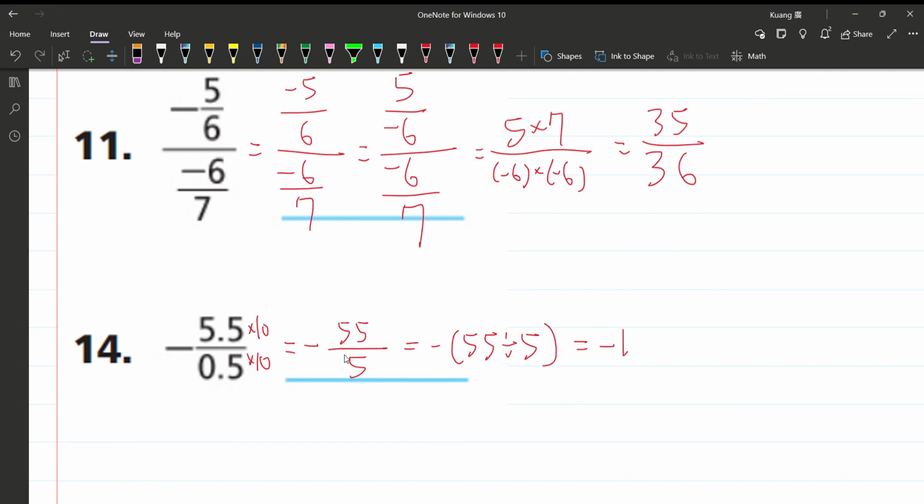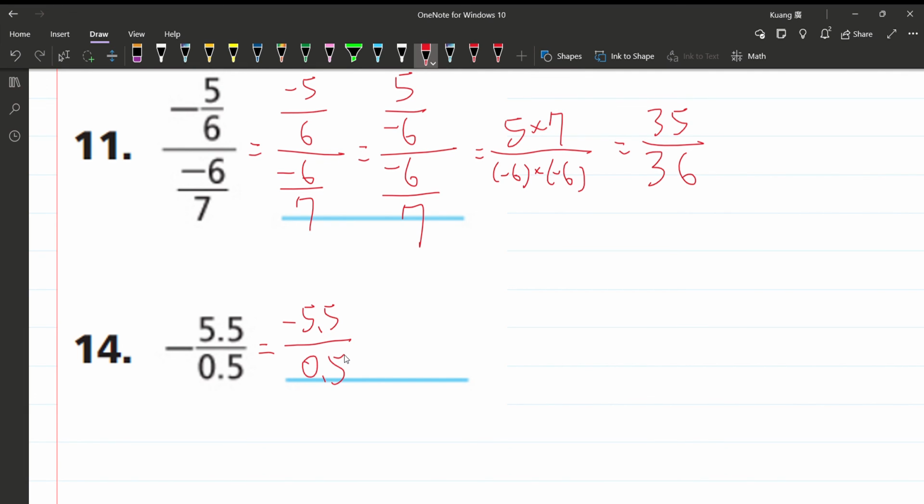Or if you really want to use fractions, you can also do this. So like I said, don't leave this negative outside. Maybe you will forget it. So put it on someone. So I put it on top. Negative 5.5 over 0.5. Then convert your decimals into fractions. Negative 55 over 10, 5 over 10.